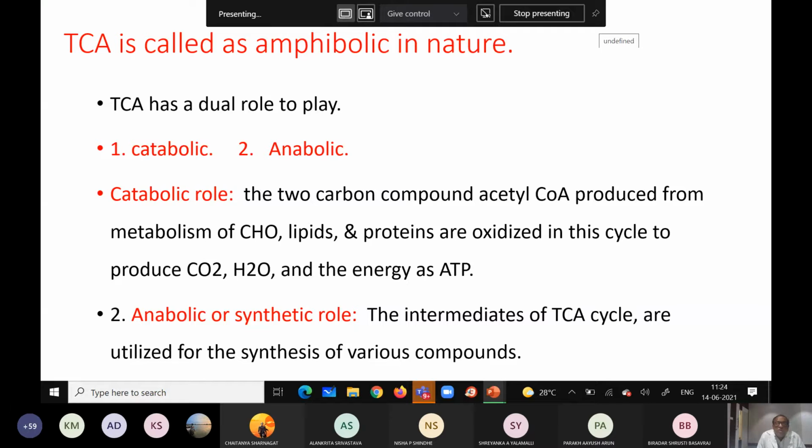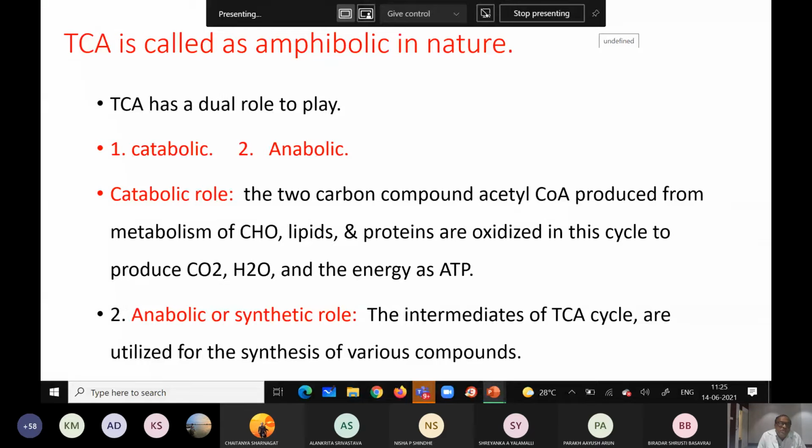In the catabolic role, the two-carbon compound acetyl CoA, produced from the metabolism of carbohydrates, lipids and proteins, gets oxidized and produces ATP along with carbon dioxide and water molecules. That is the catabolic role of this TCA cycle.